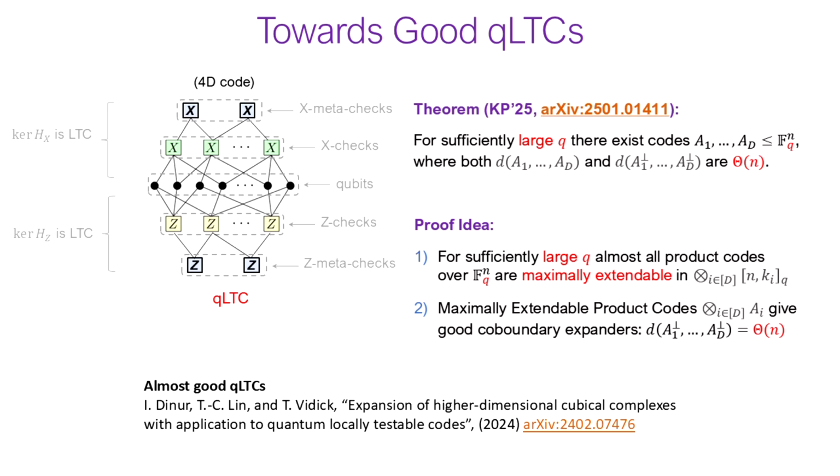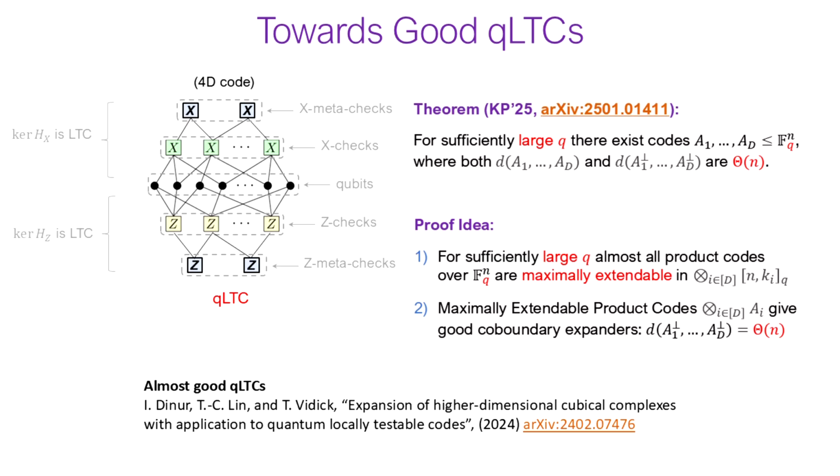And this is something that is very related to the sheaf interpretation, because in sheaf theory, we have this problem of extending from local sections to global sections. And if we consider this product code as a sheaf on a simplicial complex, we say that the code is maximally extendable if, whenever it is extendable in some other product code, it is extendable in our code. So we call this a maximally extendable product code.